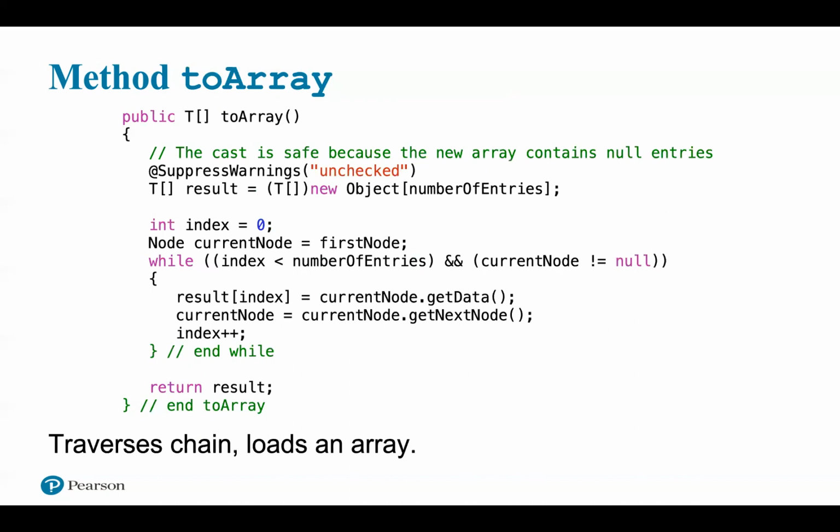That data is currentNode.getData(). Initially, we want currentNode to reference the first node in the chain, so we set it to firstNode. To make currentNode reference the next node, we would execute the statement currentNode = currentNode.getNextNode(). Thus, we can write a loop that iterates until currentNode becomes null.